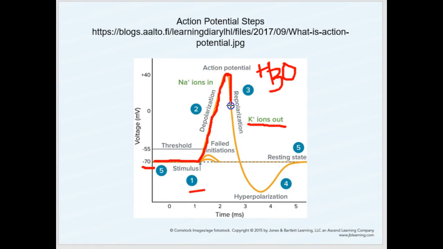This process in 3 is called repolarization. That keeps going. It generally overshoots the normal resting state of -70. That's called hyperpolarization because potassium channels are just a little slow to close. And then the cell will regulate itself back to -70, which is a resting state.